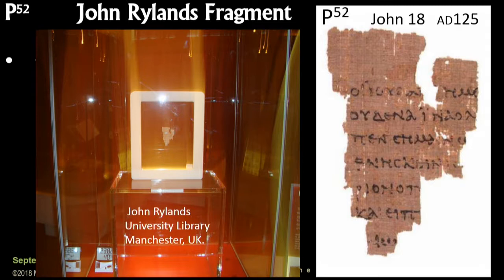It's 125 AD. Now, what's fascinating is that this is the Gospel of John. We're pretty sure John's Gospel was written last, probably very late, and there's a lot of debate about how late, the 80s or 90s AD. So John penned this, let's say, in the early 90s AD, and here we have a copy that's just 30 years later.